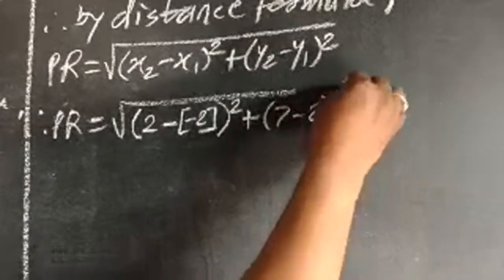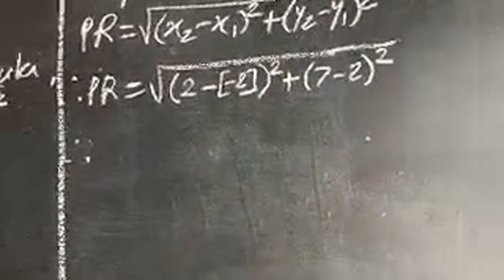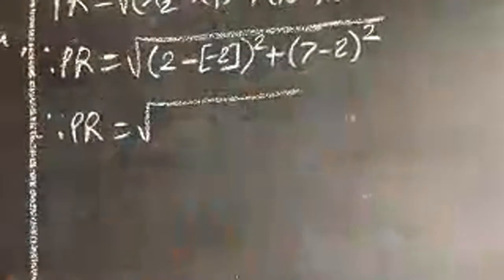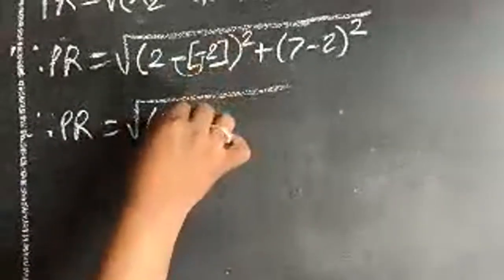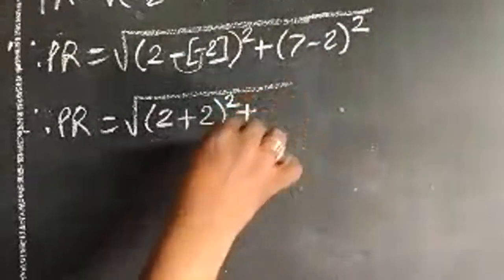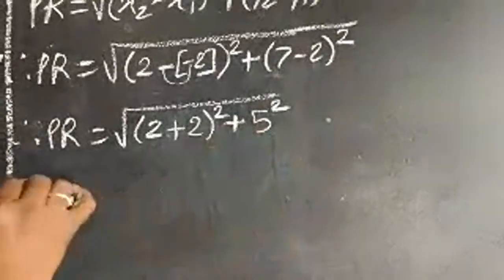Next, PR is equal to square root of (2 plus 2) bracket square plus 5 square. Subtraction gives 5 square.